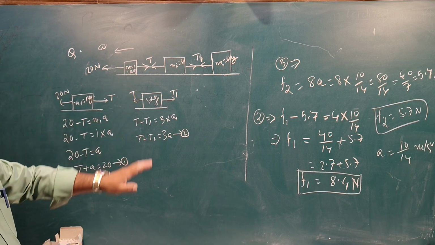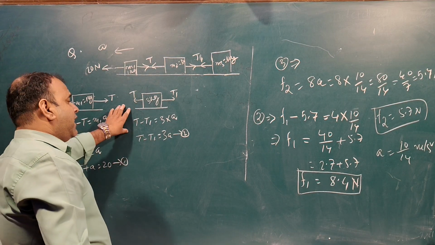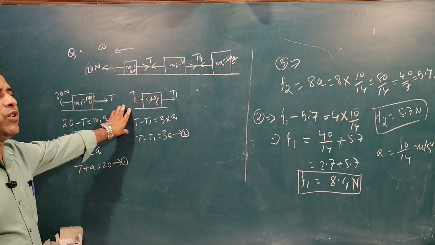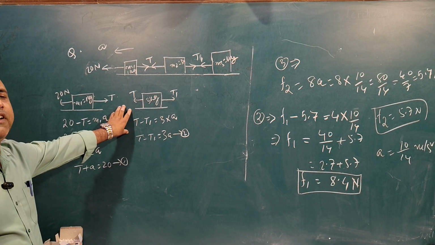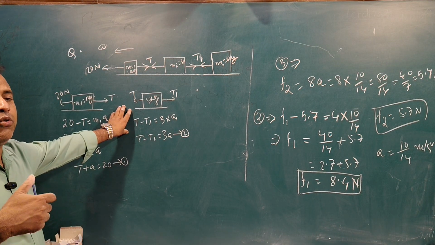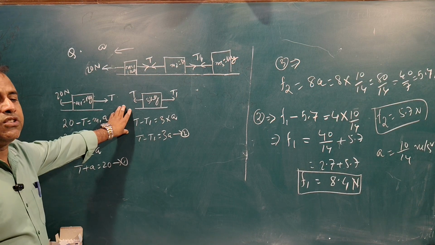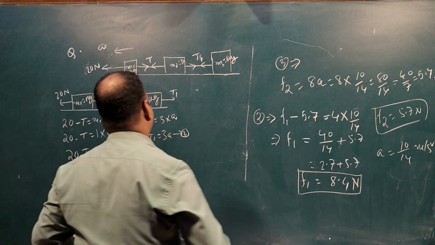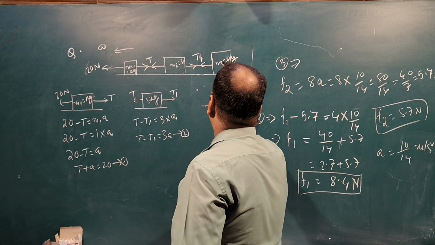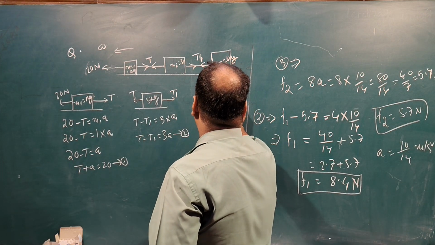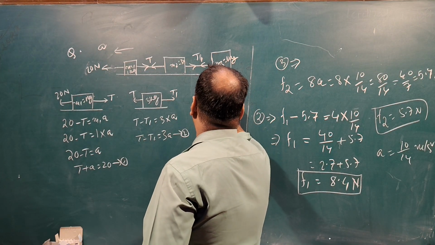For the third diagram, it is very essential, it is very important how we can write and how we can divide and write the equation with respect to the diagram. Now the third one, you can see, it is 6 kg.